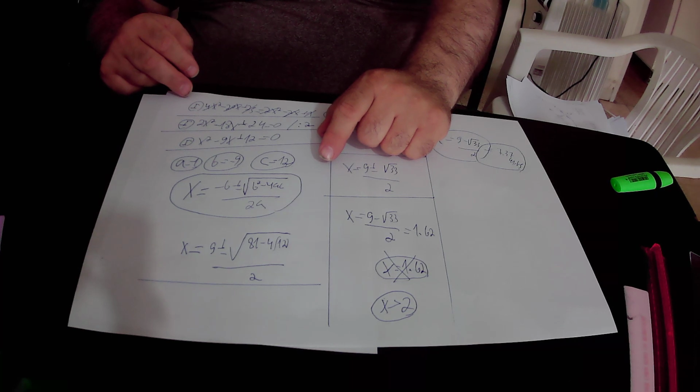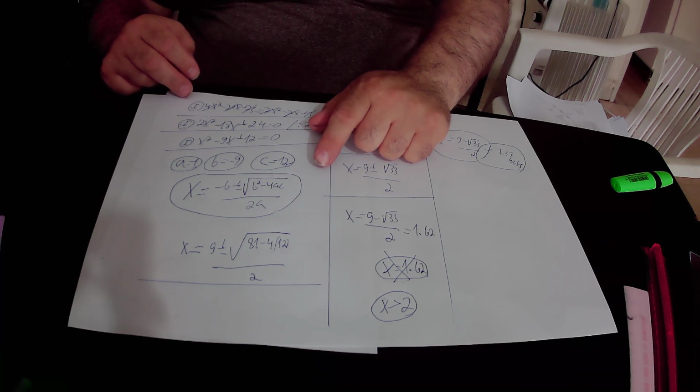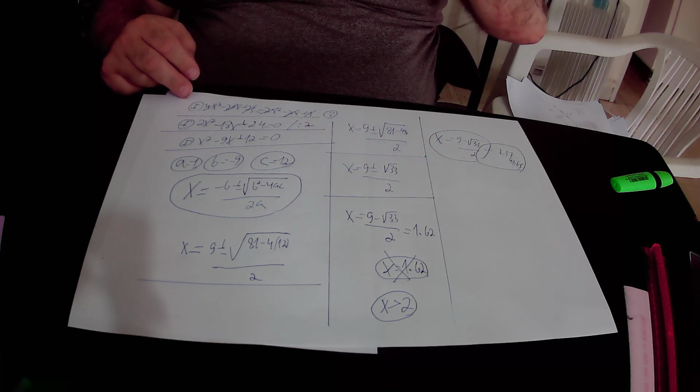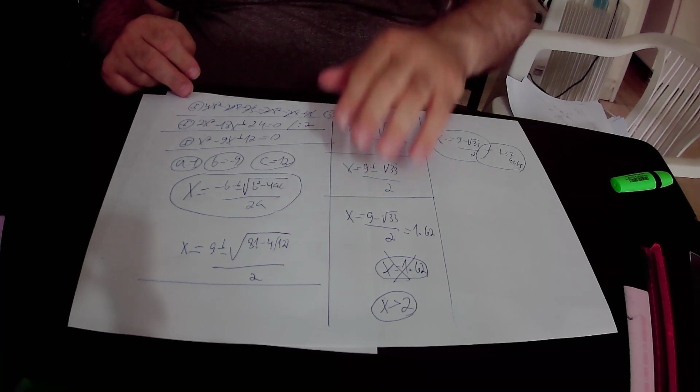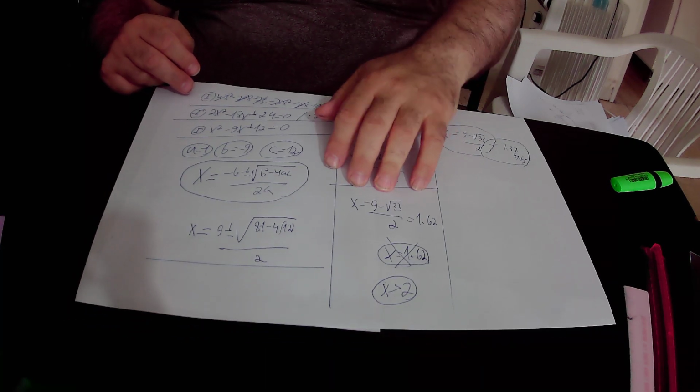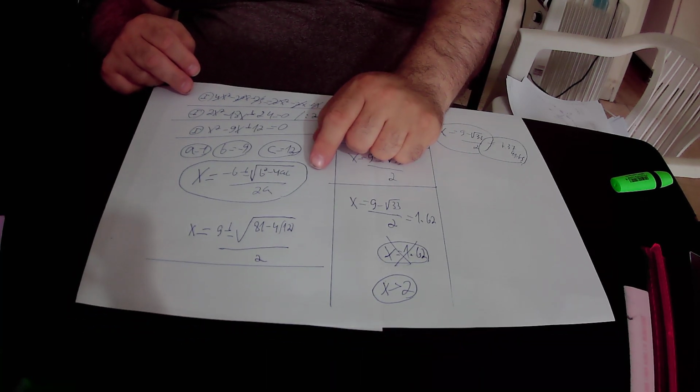And the general formula for solving the quadratic equation is x equals minus b plus minus square root of b squared minus 4 times ac over 2a. So we put the data inside the general formula for x, and found out the value of x.